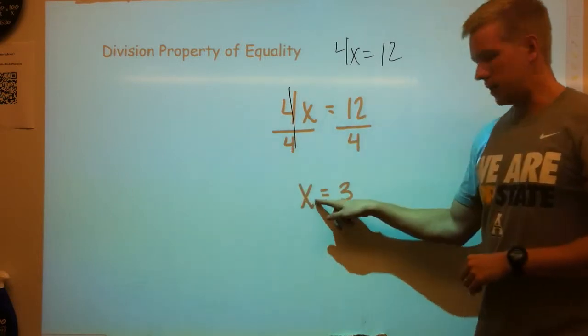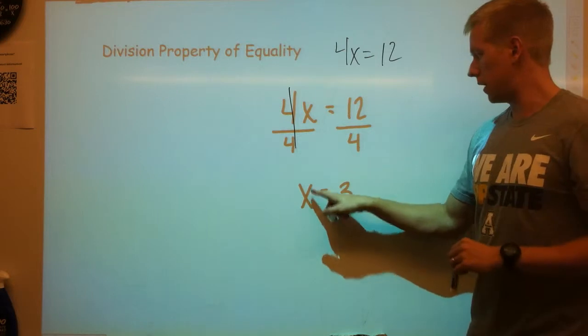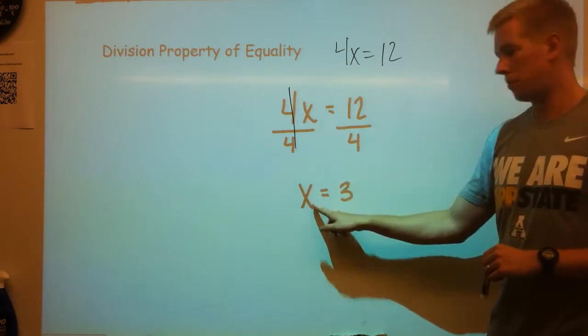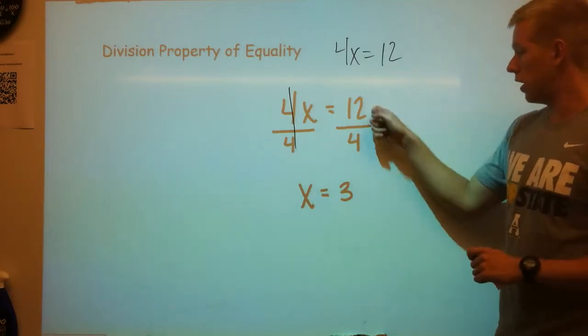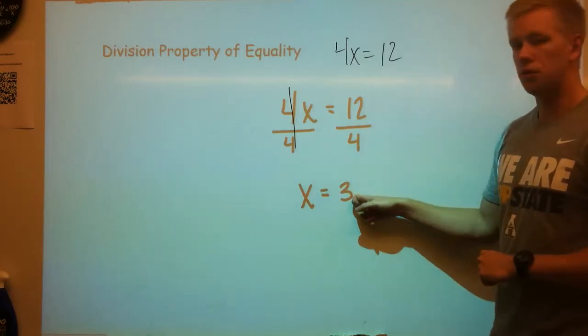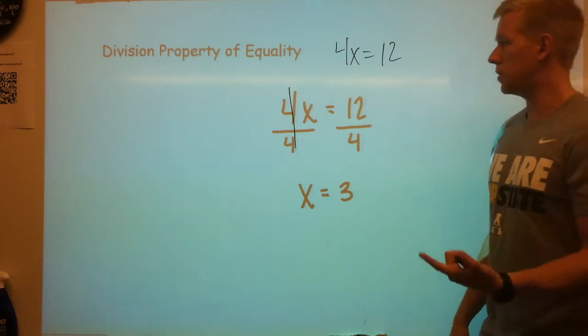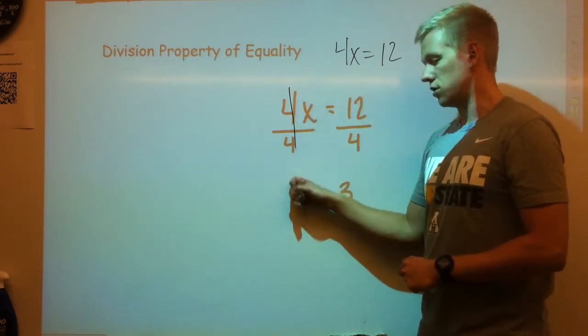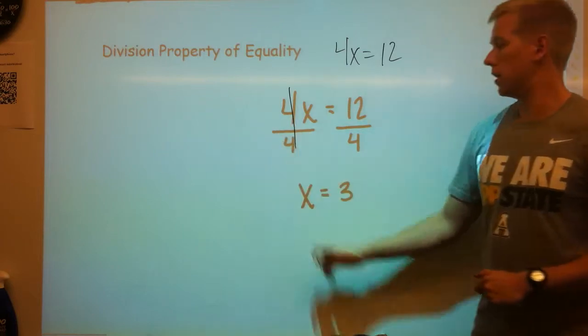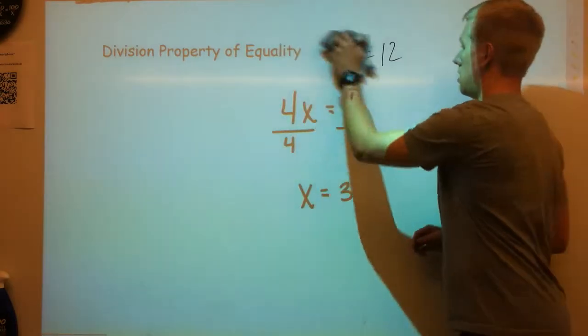So I have 1x here. That's what I want. I want one variable. That x is my variable, so I have one variable. And then what I do on one side, I have to do on the other. So 12 divided by 4 is going to give me 3. Okay. The reason we do that, so we can get this variable by itself. And essentially there's a 1 in front because 4 divided by 4 is 1. All right?